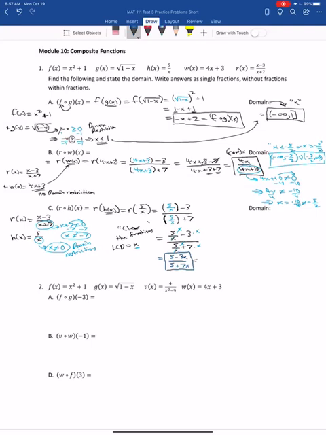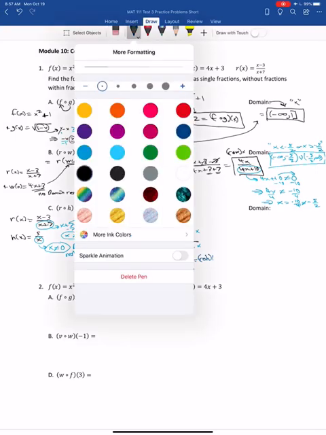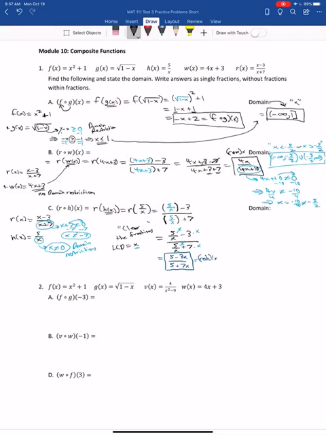So we can stop there, but there's our composite function. So that's equal to r composed with h of x. Now domain restrictions. As we're looking at our new function, we're looking at a denominator, 5 plus 7x. We know that cannot be 0.